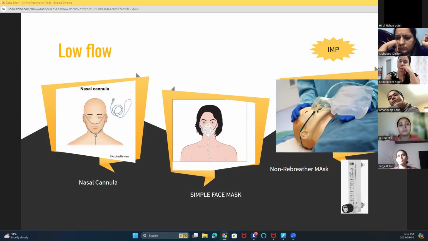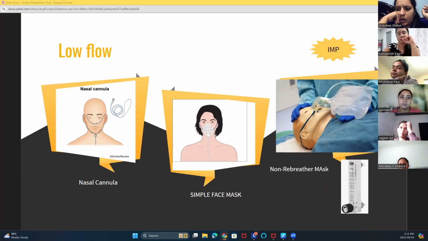First of all, it means that she doesn't know how it works. So what will you do? Immediately inflate the balloon. How will you inflate it? By turning the flow to the highest. Do you understand? Have you seen this non-rebreather mask?